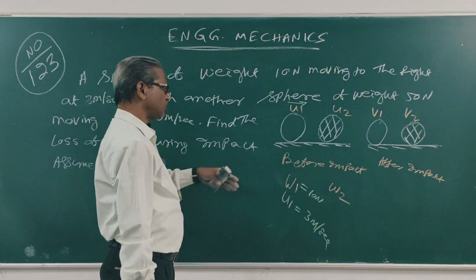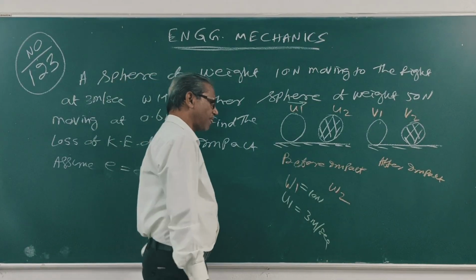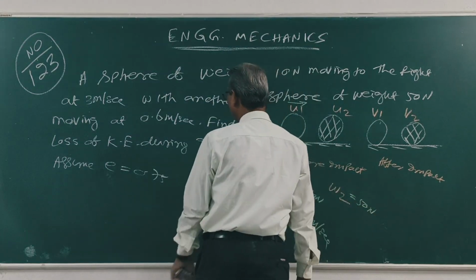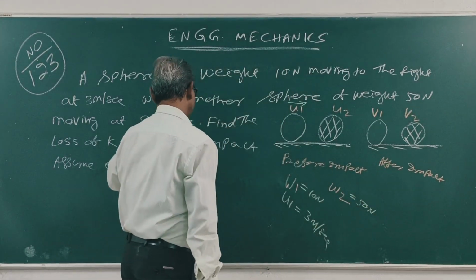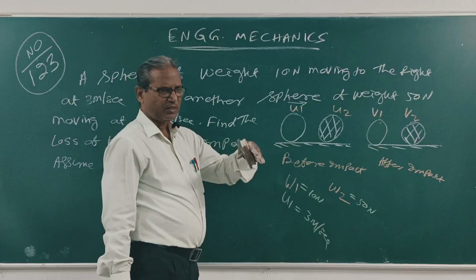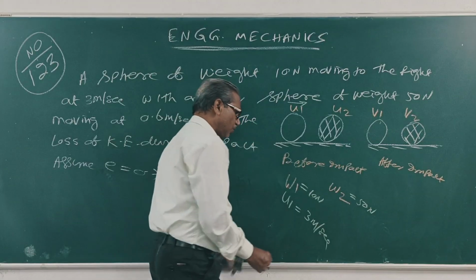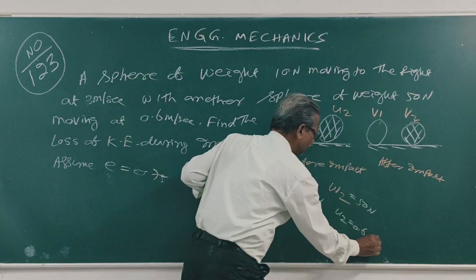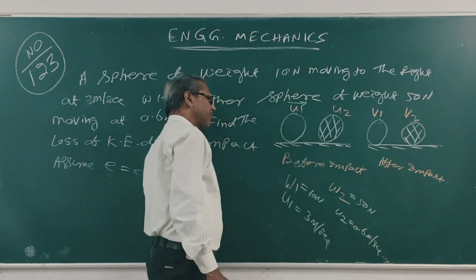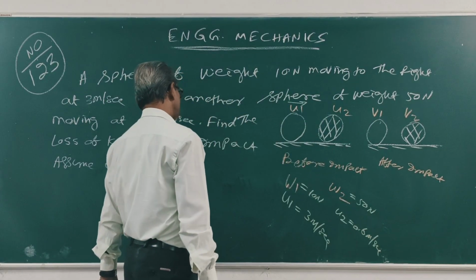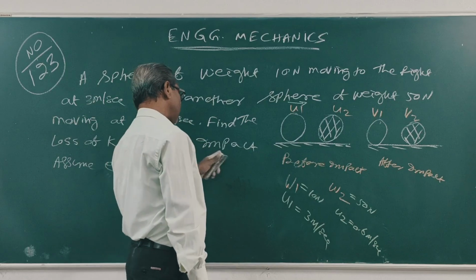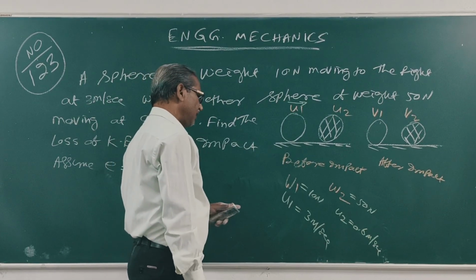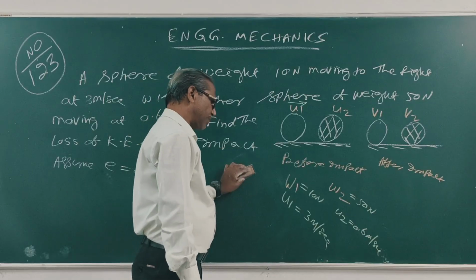With another sphere of weight 50 Newton, double 2 is 50 Newton, moving at 0.6 meter per second in the same direction, U2 is 0.6 meter per second. Find the loss of KE during impact. E is equal to 0.75.